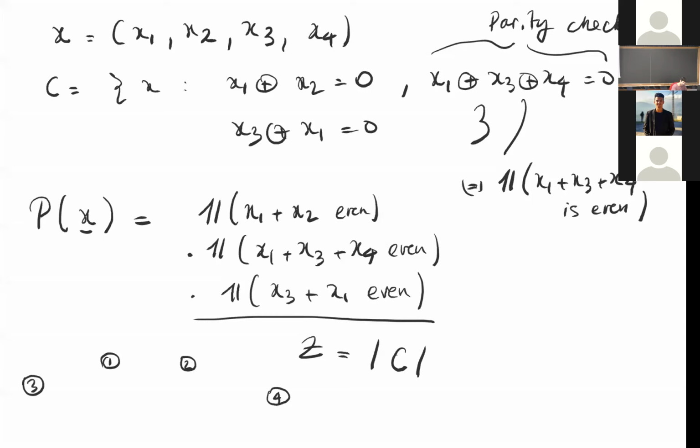So we have a parity check that connects x1 and x2. So I have a constraint here, and this constraint is this. Okay. Then we have one on 3 and 4. Then we have one on 1, 3, 4.